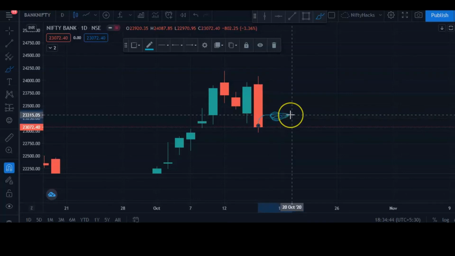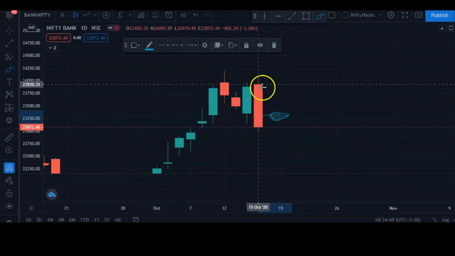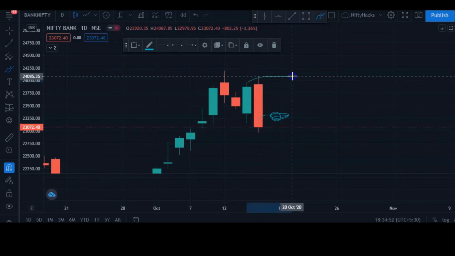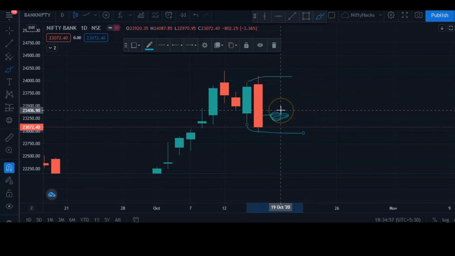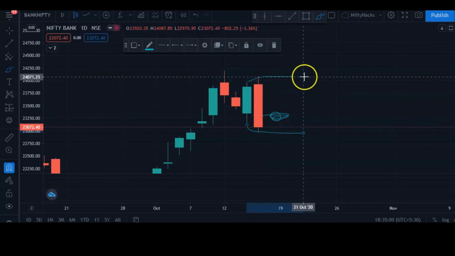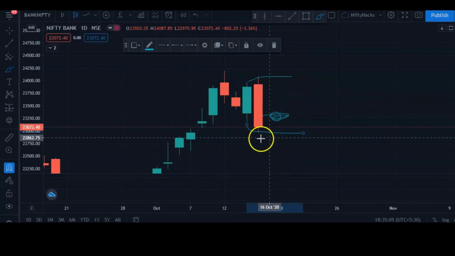How can he or she do that? For that, first we have to calculate the range of this candle by ORB high minus ORB low, and we will divide that by number 3, and we will add that figure to the low of the ORB value. So let's do that.